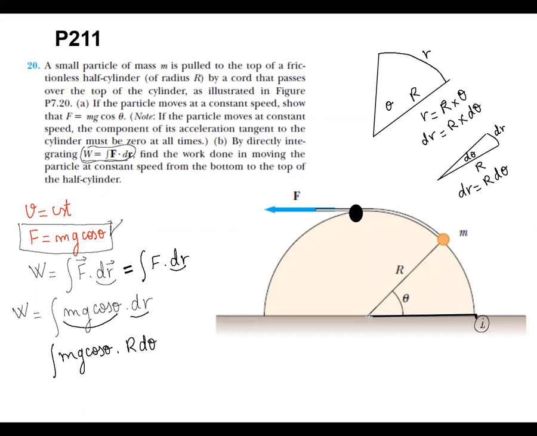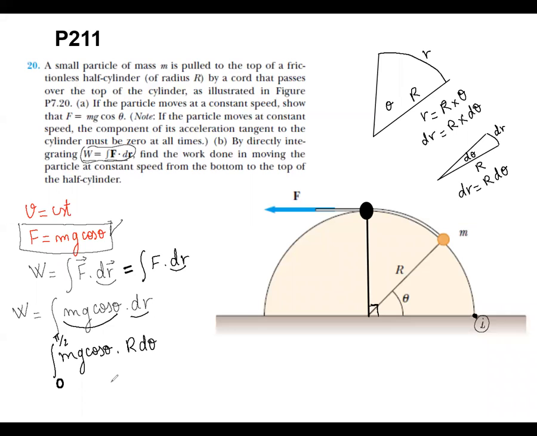At this point theta equals 0, and at this point theta equals pi over 2. So the limits of the integral will be between 0 and pi over 2, because we have to move the object from the bottom to the top of the cylinder.